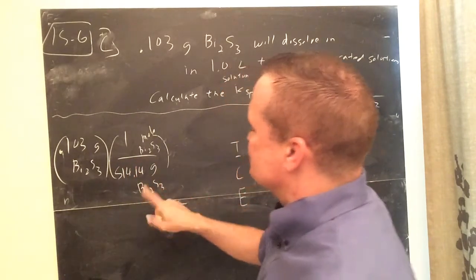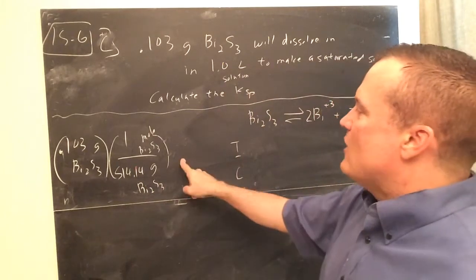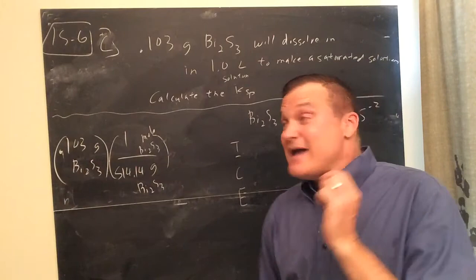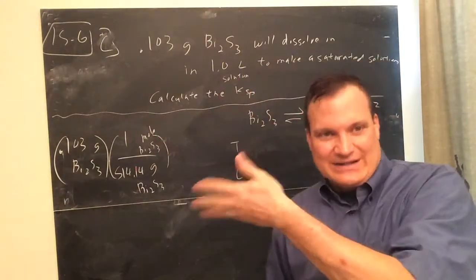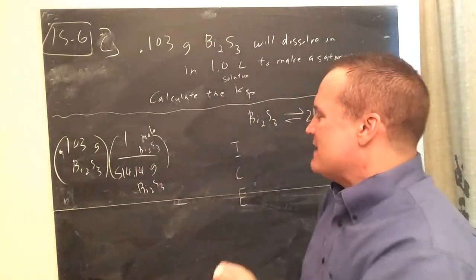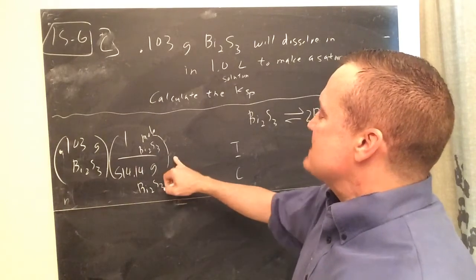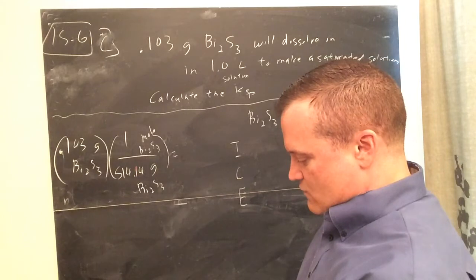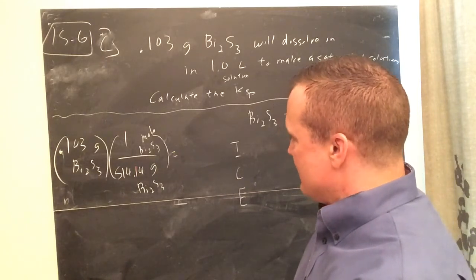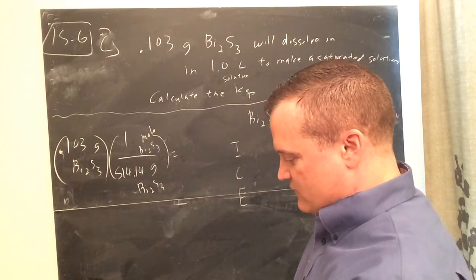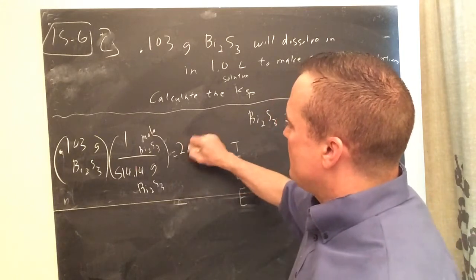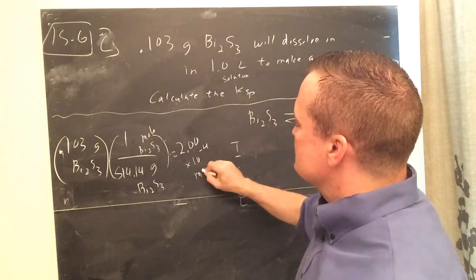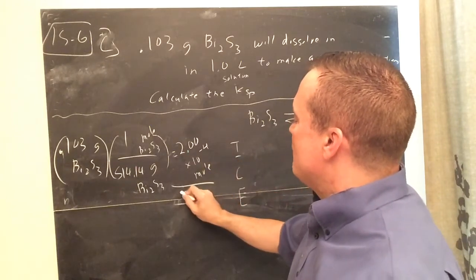That's the molar mass. Now that would give me moles, and moles divided by liter would give me the mole per liter. Now they could have made it per milliliter, but I'll make it a little bit more simple. So that's how many moles you have. So 0.103 divided by 514.14 is 2.00 × 10^-4 moles, and divided by 1 liter.